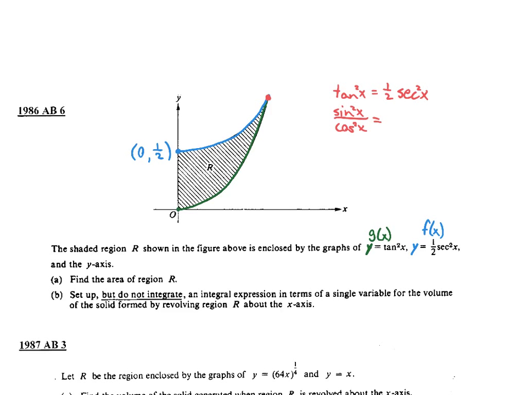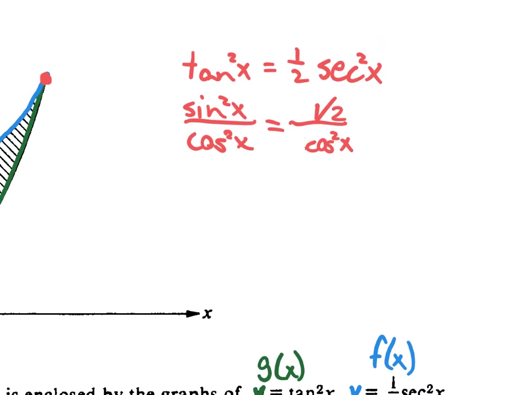It's totally up to you. This would be 1 over 2 cosine squared. To make my equation easier to solve, I'm going to leave the 1/2 in the numerator, because then my denominators will be the same. And if the denominators are the same and the fractions are equal, then the numerators must be equal. So sine squared has to equal 1/2.